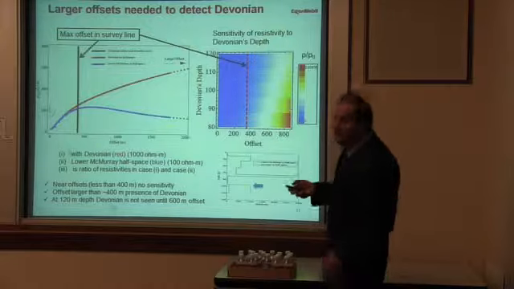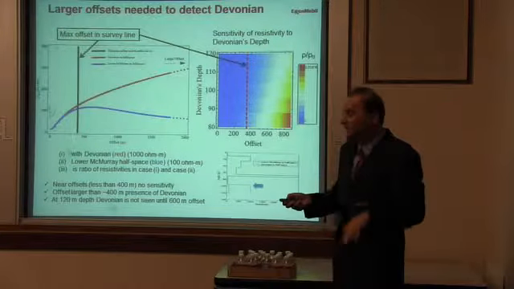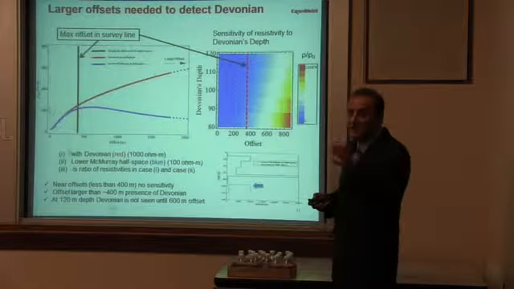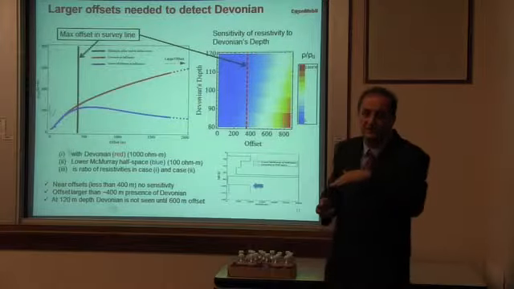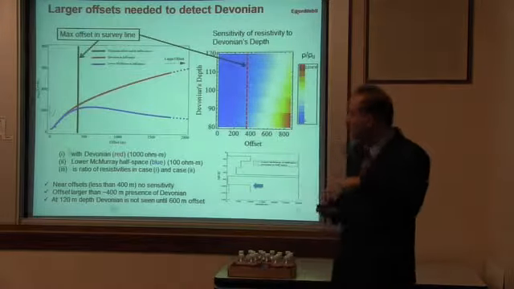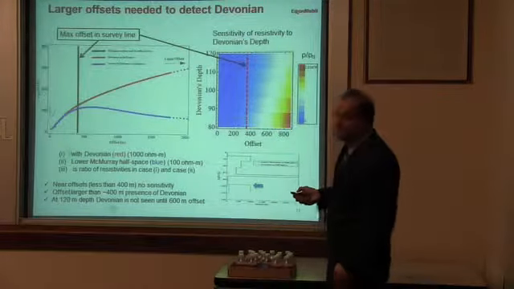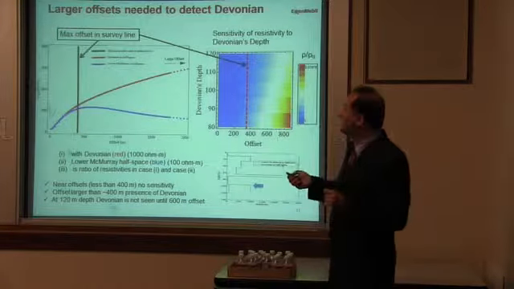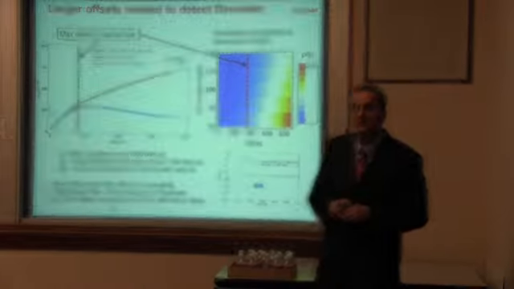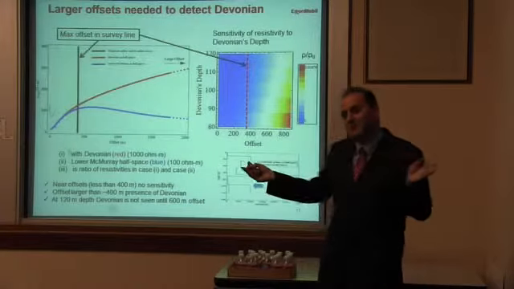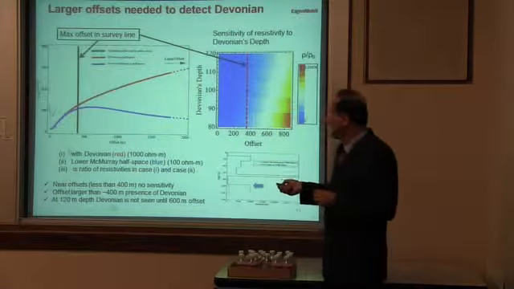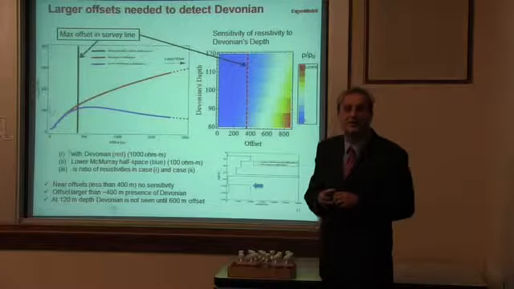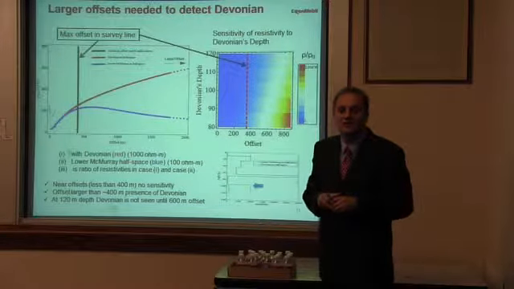The red shows where I have the half space at the Devonian, and the blue shows where I have the half space at the Lower McMurray. There is no separation between the two. And by the way, this is the maximum offset that they used in this survey line. They didn't go beyond that point, so perhaps that's why they couldn't see the Devonian.